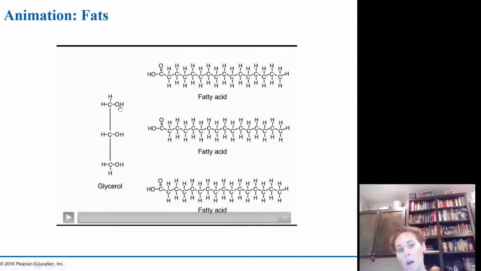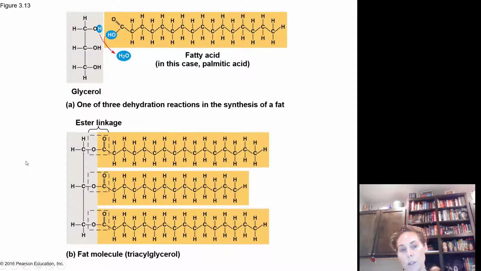And so you do a dehydration reaction, get rid of water, and then you form this link. This link is called an ester linkage. So an ester linkage is what connects the fat, makes a fat molecule, a triglyceride. It connects the glycerol to the fatty acid tail.